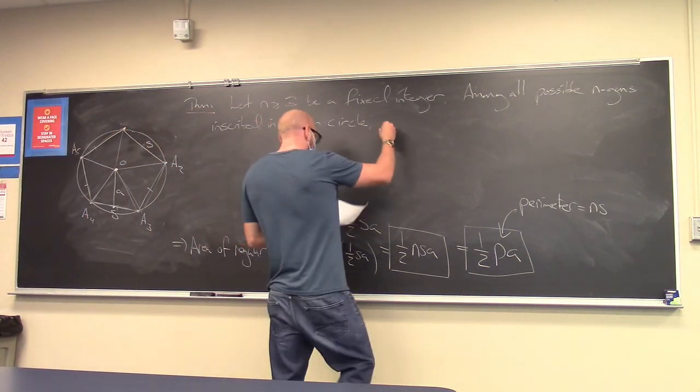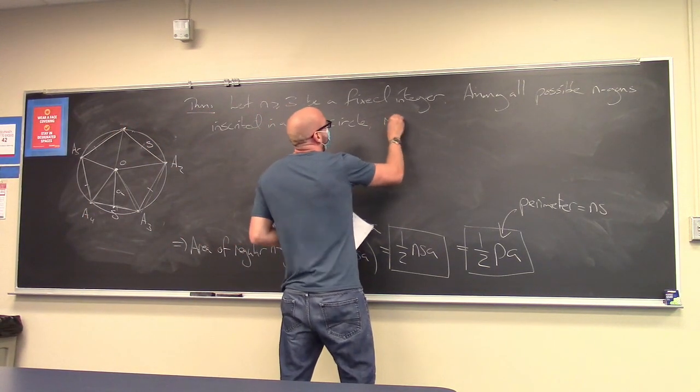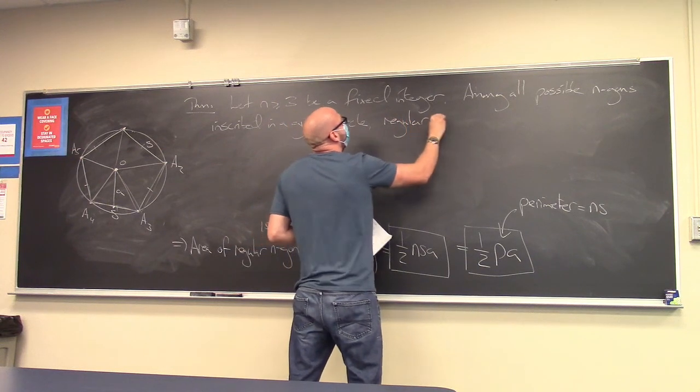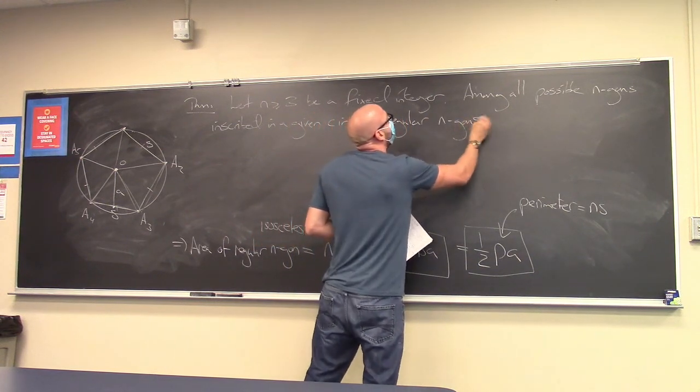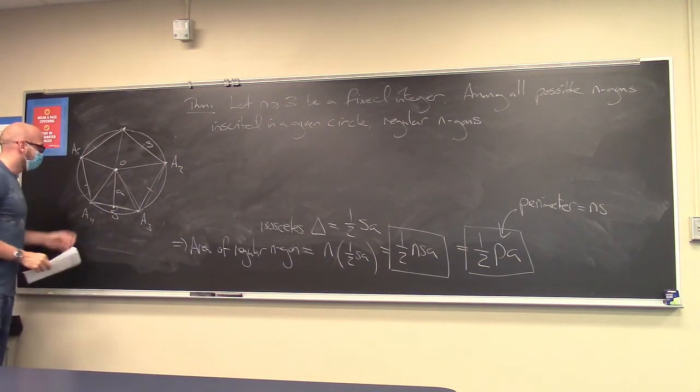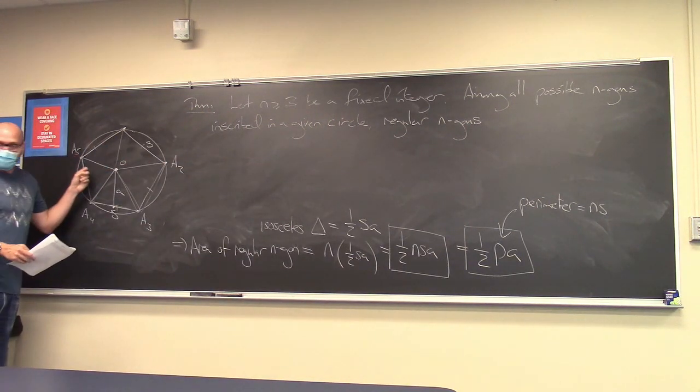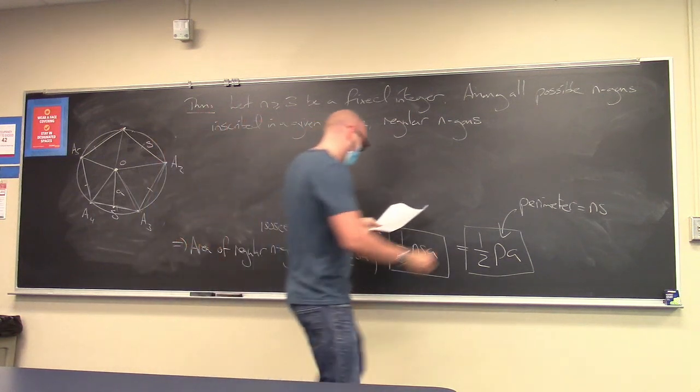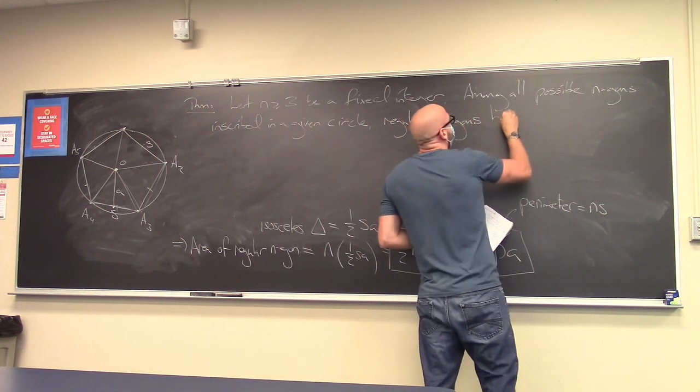The regular n-gons are optimal. They're maximal in the sense that they contain the most area. So regular n-gons have the largest area.